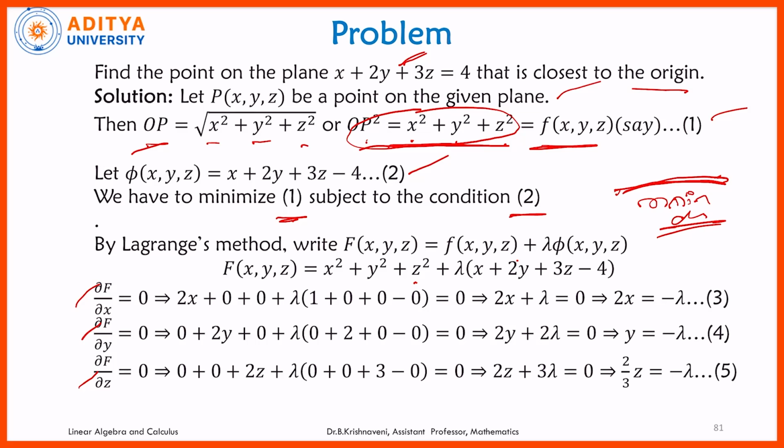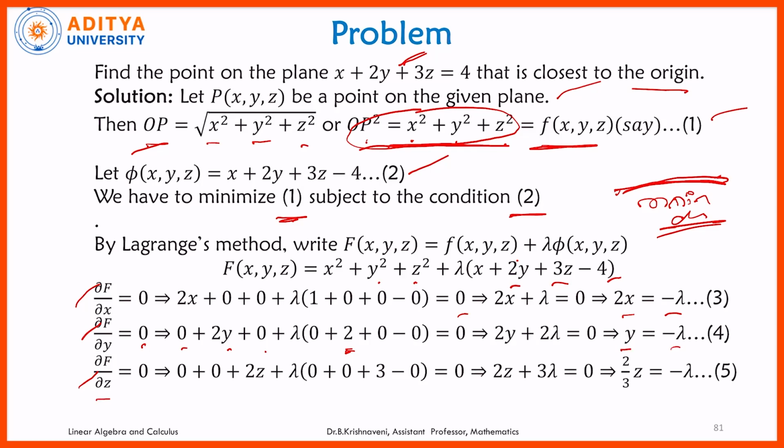First, dou F by dou x is equal to 0: 2x plus 0 plus lambda into 1, remaining all are zeros, is equal to 0. From this, you get 2x is equal to minus lambda. Next, dou F by dou y is equal to 0: 0 plus 2y plus 0 plus lambda into 2, which gives y is equal to minus lambda.